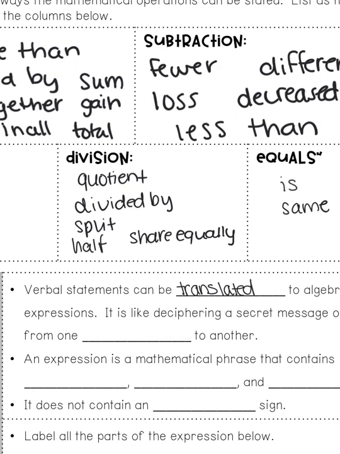Algebraic expressions is what we saw yesterday with the distributive property with those variables there. So it's like deciphering a secret message or translating from one language to another. I had kids tell me often that when I talk about math, it sounds like I'm speaking another language. Well, I kind of am. I'm talking about algebraic things, right?